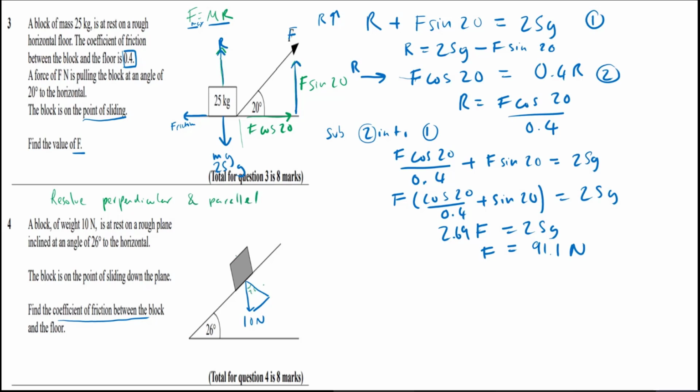So that bit there is 26. To help you with that, that's 10 cos 26. And that way is 10 sine 26. Let you have some time to do that.